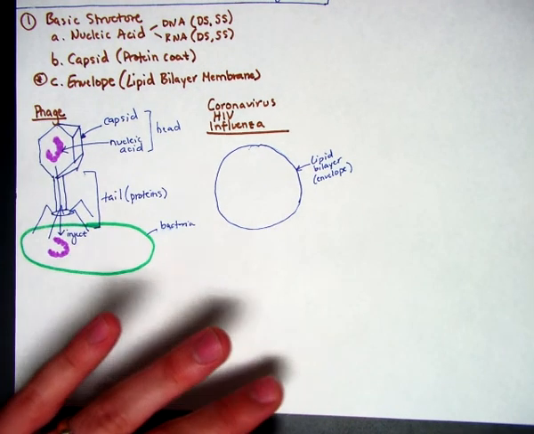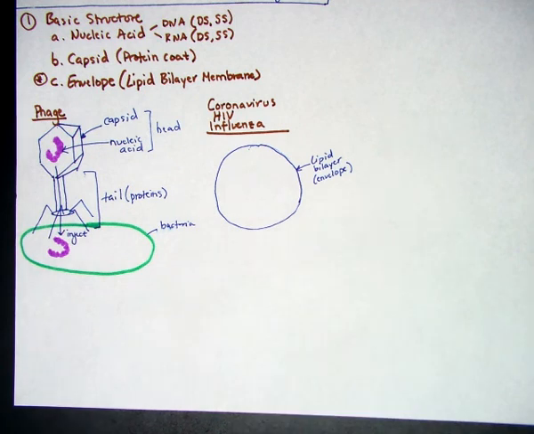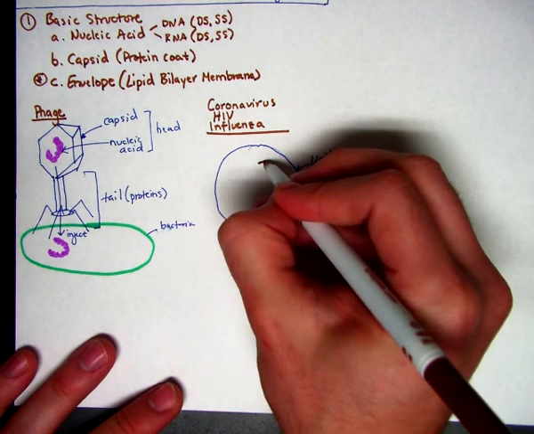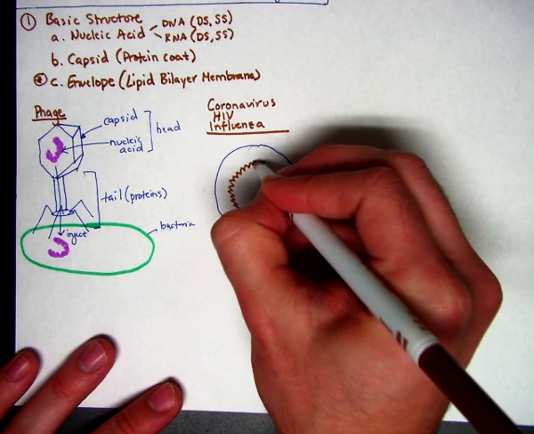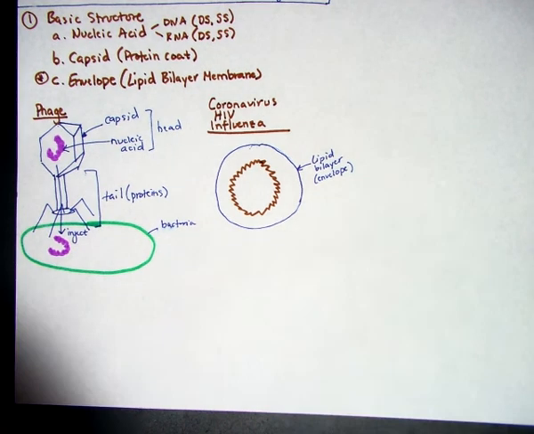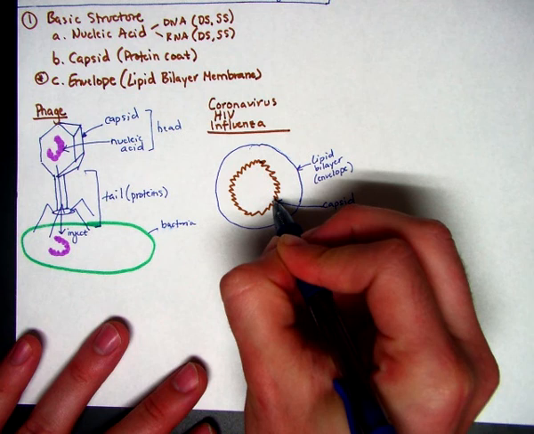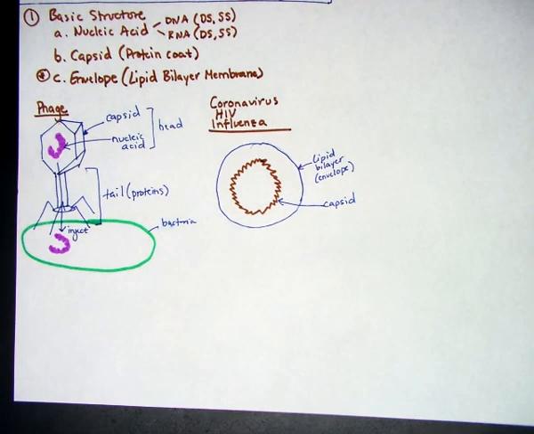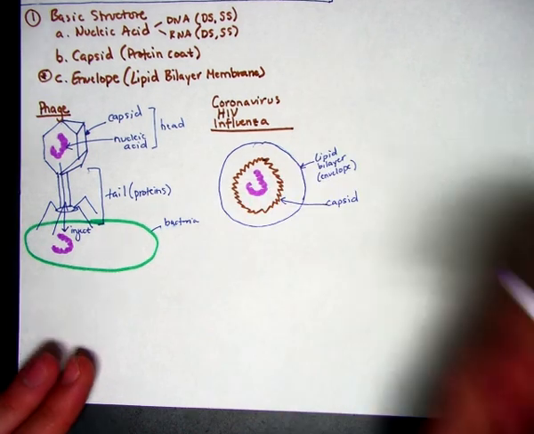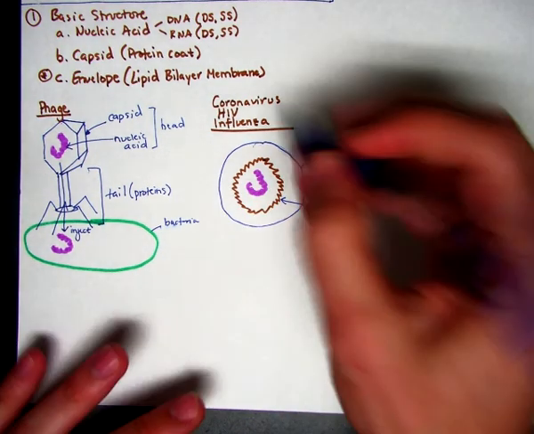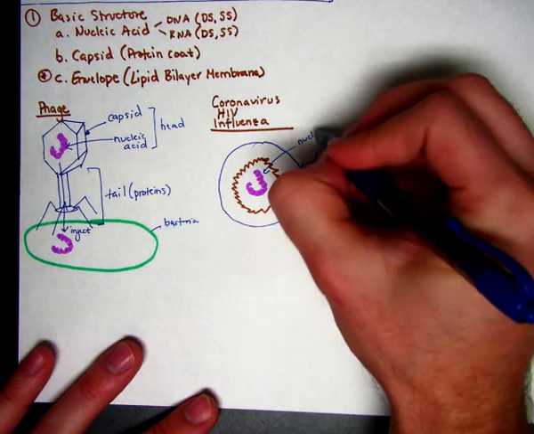Okay? And then inside you actually have what's known as your capsid, right? So this is protein, this is lipids, and that capsid protects the nucleic acid inside. So similar, except these types of viruses have that envelope.